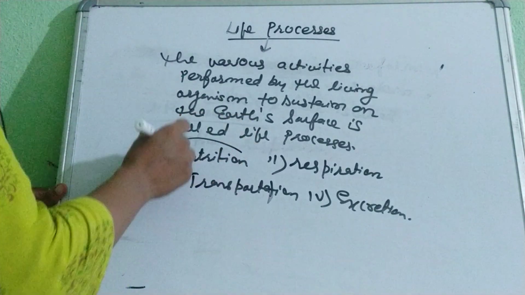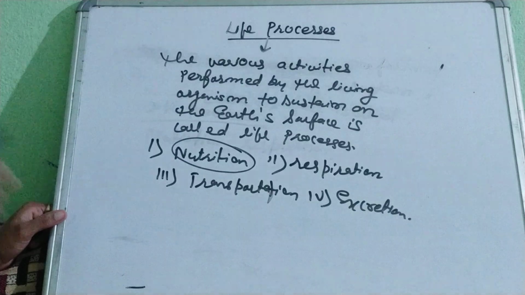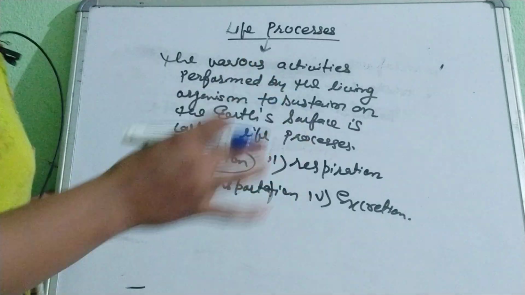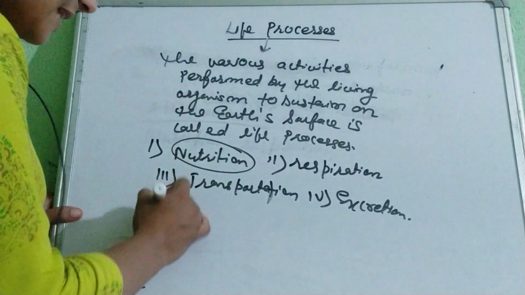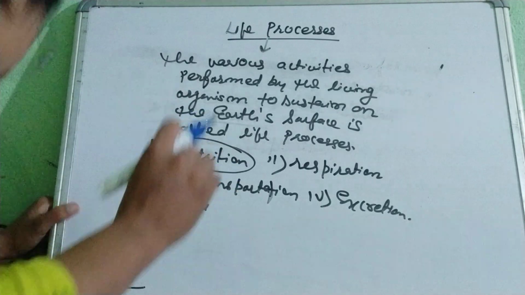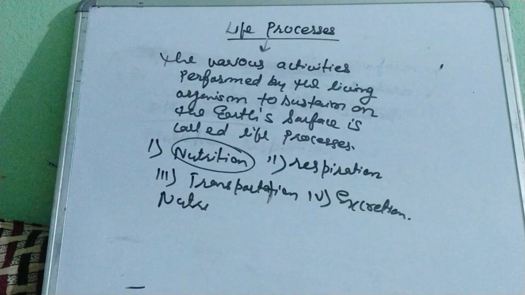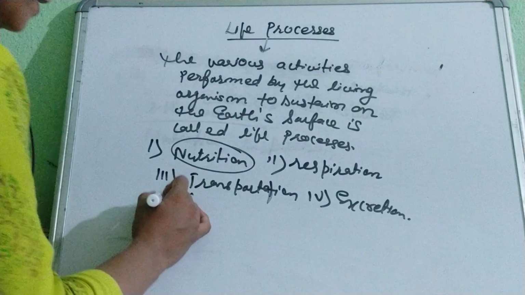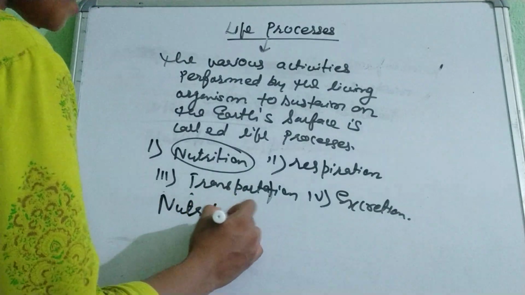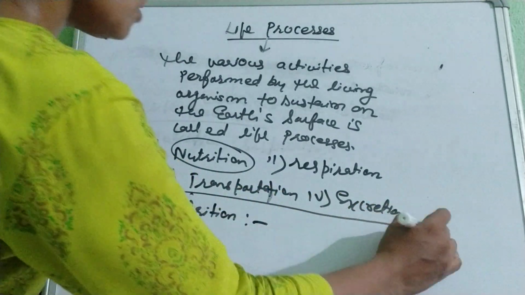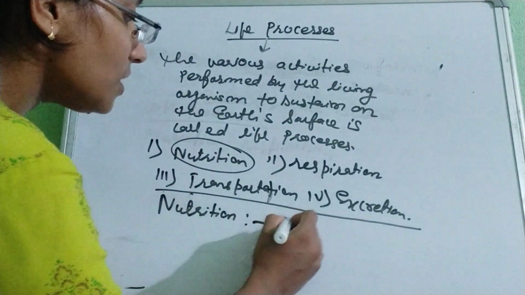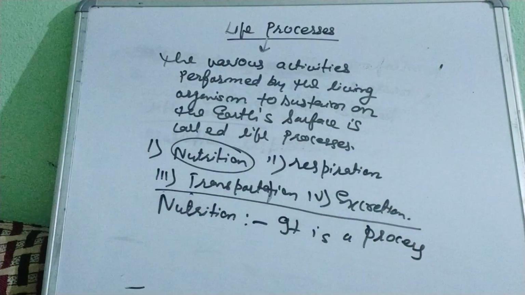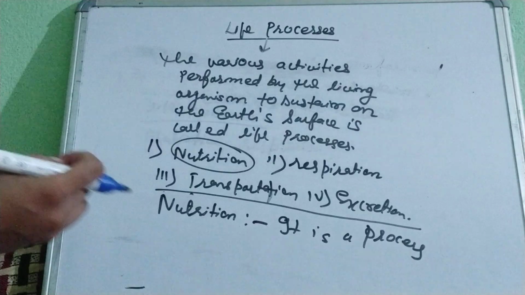See, there is a problem related to nutrition. Many students are confused about what is nutrition and what is nutrients. If I say differentiate between nutrition and nutrients, how will you differentiate? It is said that nutrition is actually a process through which any organism obtains its food.